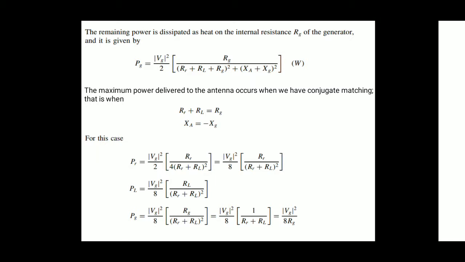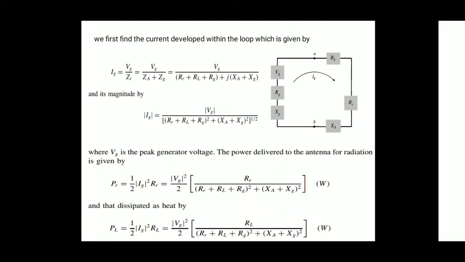That is, RL plus Rr equal to Rg and Xa equal to minus Xg. For this case we apply this concept in the previous three power expressions. So we can calculate Vg squared by 8 times Rr, the radiation power, this is the loss resistance power, and the third is the power consumed by the generator.